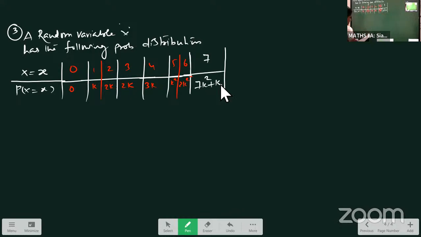Once again, I'm checking: 0, K, 2K, 2K, 3K, K square, 2K square, 7K square plus K. Okay, right.